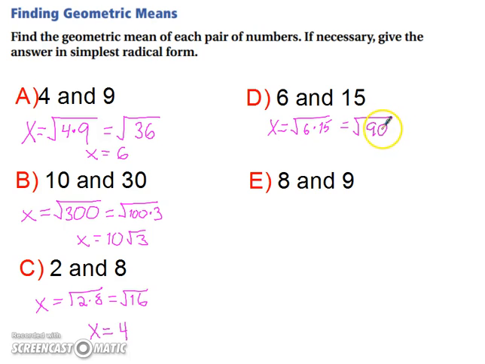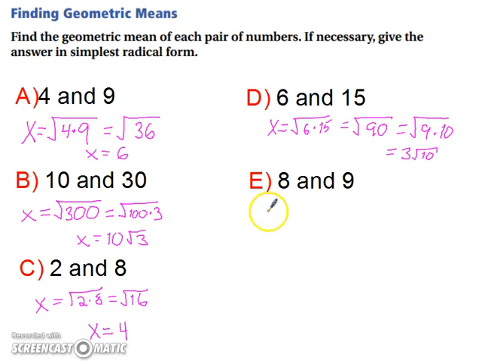So we end up splitting it into 9 and 10 because we know there is a square root of 9. So the square root of 9 times 10, and we can take the square root of 9, which is 3, and the leftover just stays underneath. 3 square roots of 10.